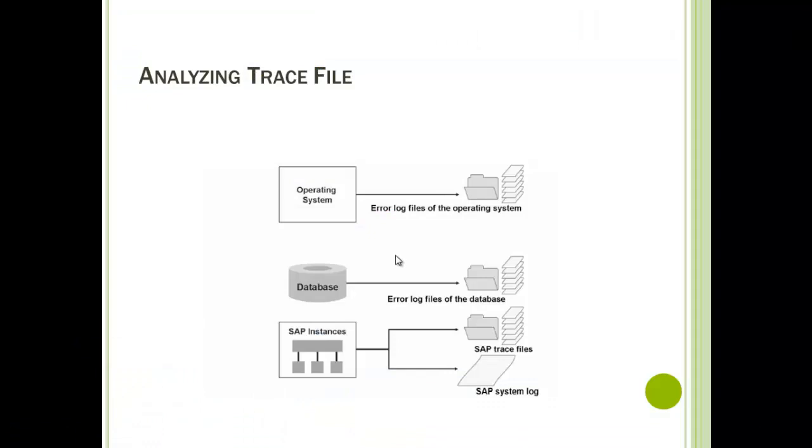And we also have the database log files, which we have also seen in our trace log. You will also have a log file within Oracle itself, within the database which you are using. There also we have trace files, and we have SAP instance files.